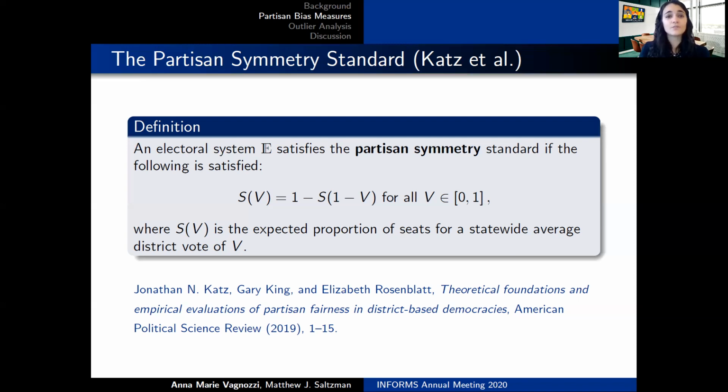Katz, King, and Rosenblatt showed that median mean actually satisfies this standard, with non-zero values corresponding to asymmetry in the seats-votes relationship. We identified 3 additional measures then of partisan bias for our study to compare with the performance of median mean.